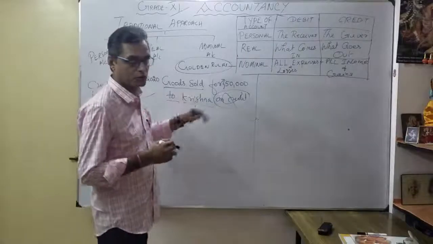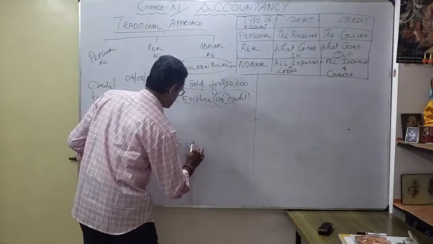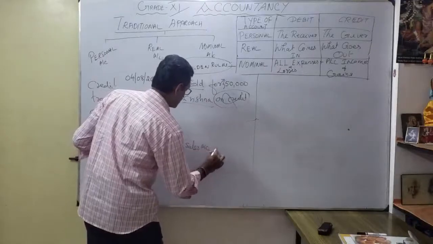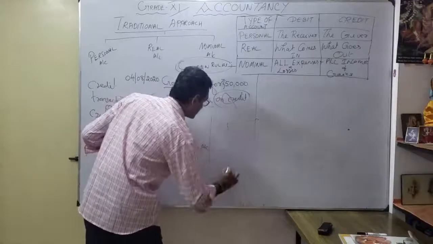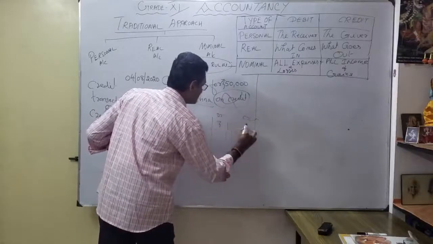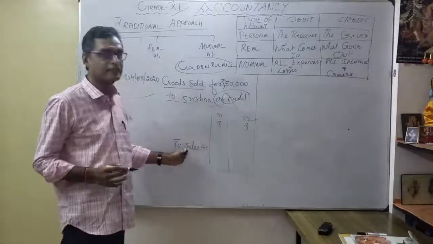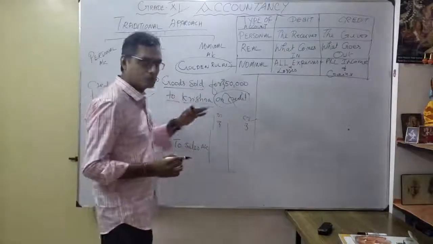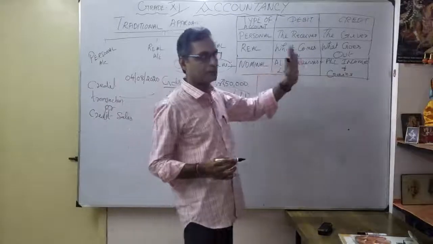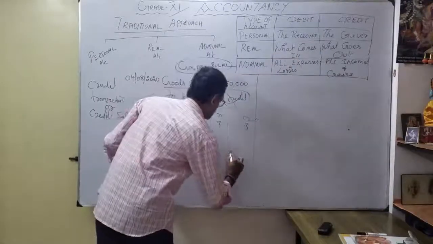Simply, goods sold, so naturally I put the sales account here, with debit and credit columns. For understanding purposes, I am writing it out. As goods sold, sales is always credited because goods go out, coming under real account. Debit what comes in, credit what goes out. How much? 50,000.